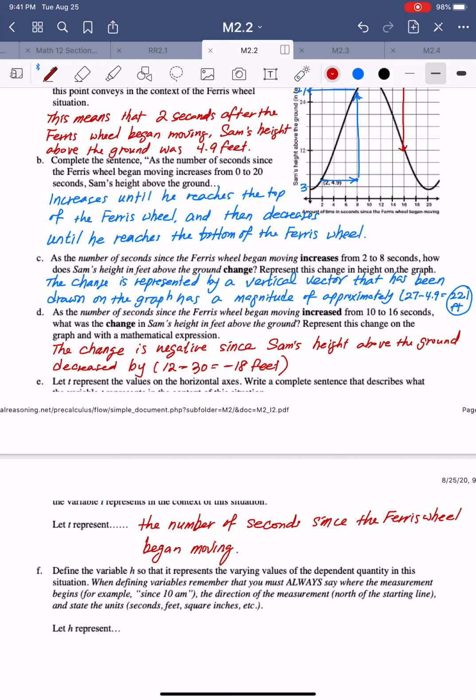When defining a variable, remember that you must always say where the measurement begins, for example, since 10 a.m., the direction of the measurement, north of the starting line, and state the units like seconds, feet, square inches, etc. So we're gonna say let h represent Sam's height above the ground since the Ferris wheel began moving. Okay, all right, so this is for module 2 and investigation 2. All right, thank you.